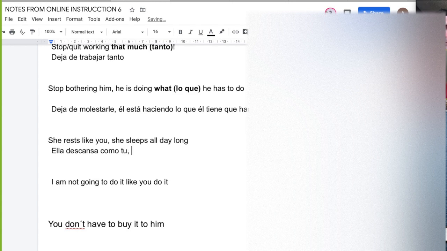Venga, continúa. Ella descansar. No, esto ya es diferente. Oh, no sé. ¿No sabes? ¿Tú sabes, Hannah, lo que significa sleep? Dormir. Muy bien. Venga, Finn, continúa. Ella duerme todo el día. Muy bien. Todo el día.